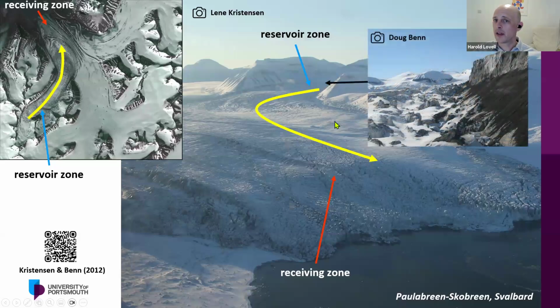If we actually look right up into the reservoir zone, into the accumulation zone, if you like, of Skøbrain, after the surge has occurred, you can see that there's this really big drop in height. So the pre-surge glacier height is shown by this line, and then following the surge and this transfer of the ice mass to the glacier front, you see a really big dip, tens of meters of reduction in the elevation of the glacier, and all that mass being transferred down to the front.